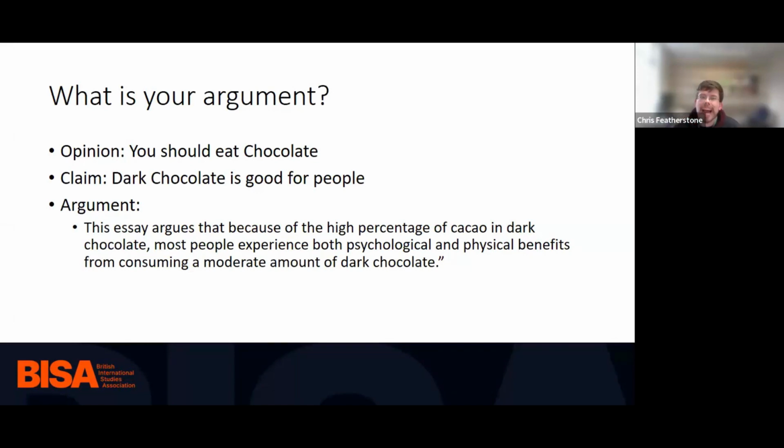Okay, so think about how you would frame this kind of argument. How would you go from a particular opinion that you might have, how you might develop that into formulating an argument, okay? Grounding it in the literature, grounding it in what you've covered on your course, but also grounding it in your own views as well, giving us your thoughts in response to the question.